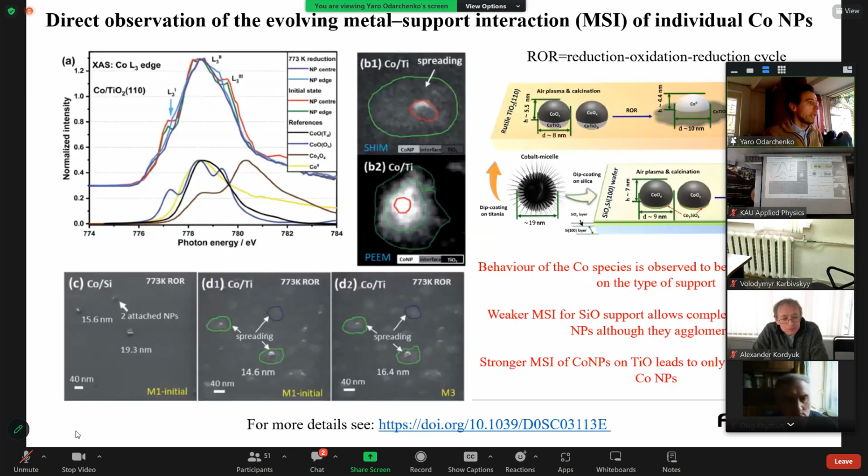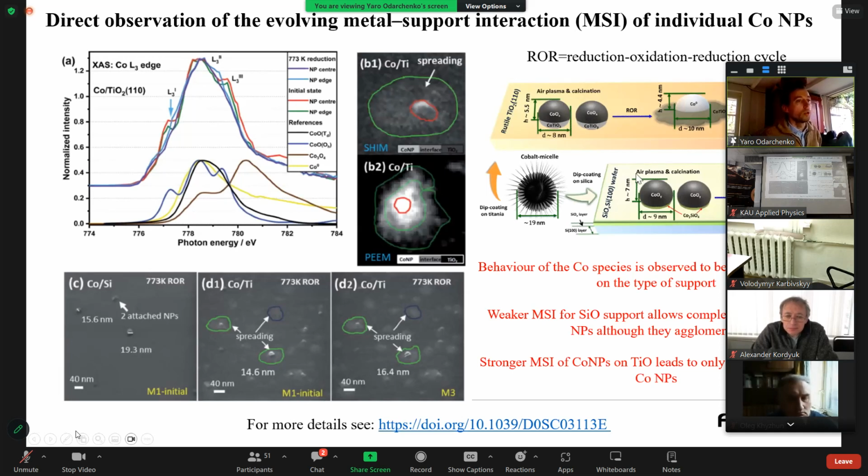And so here is an example, a sum of the results we got. We took this nanoparticle and put it on two different substrates. I'm showing here a silicon and a titanium single crystal.